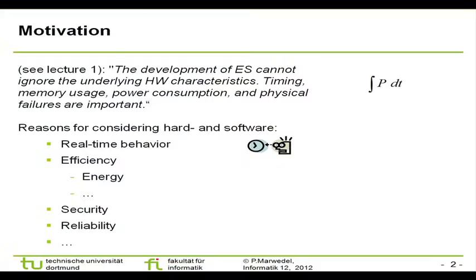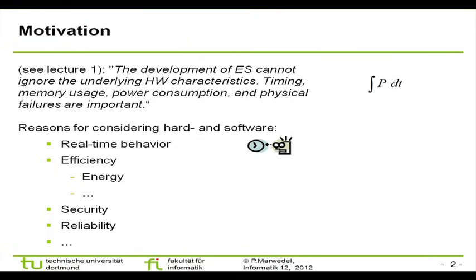I know many of you are scared or have an apathy when you hear about hardware, but in embedded systems you cannot escape hardware, because of the simple reason shown here.